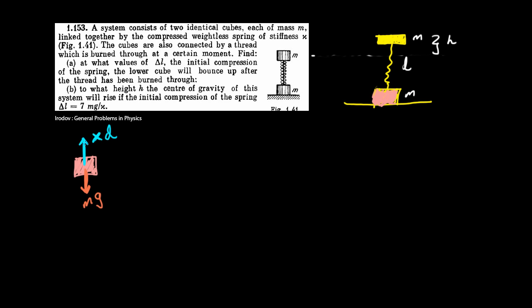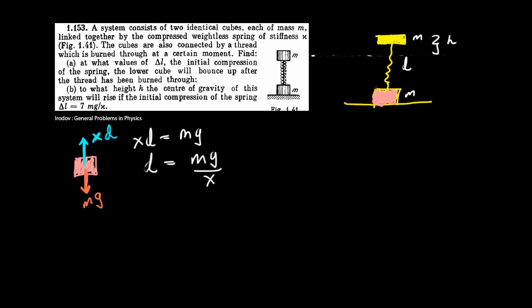So I consider that the normal force must be 0. Okay. So at this instant it doesn't have any velocity, and neither is it moving anywhere, so these two forces must balance, right? So xd should be equal to mg. So from here we get that d is equal to mg over x.